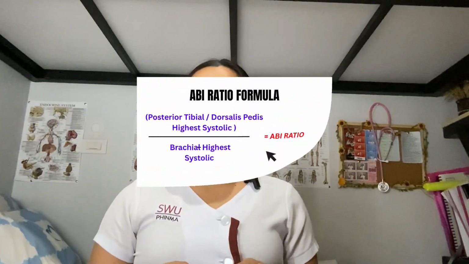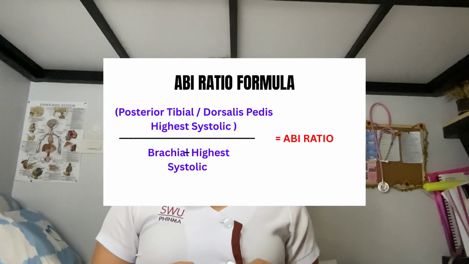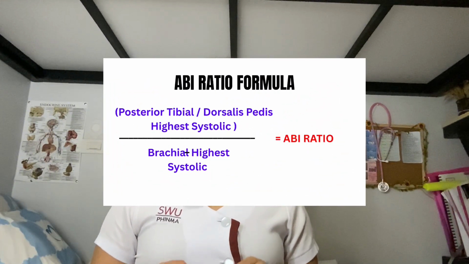To calculate ABI, we use the formula: ABI is equal to the highest ankle systolic pressure, either the dorsalis pedis or posterior tibial, over the highest brachial systolic pressure. Remember, ABI must be calculated for each leg separately, since PAD may be unilateral or asymmetric.